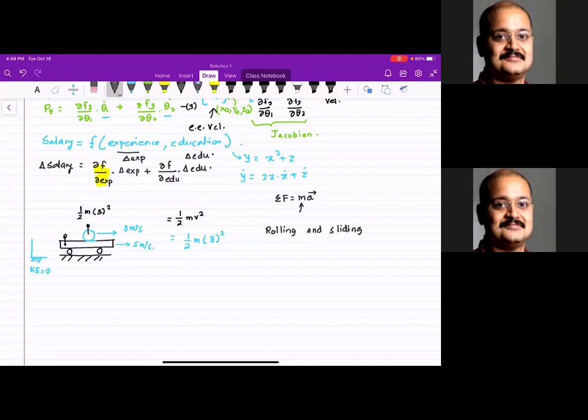And this actually happens in most robotic systems. Now my question to you is, if I say this velocity is v1, this velocity is v2, and this guy is rotating at omega 1, what is the total kinetic energy of that ball, considering that the ball is simultaneously rolling and sliding?